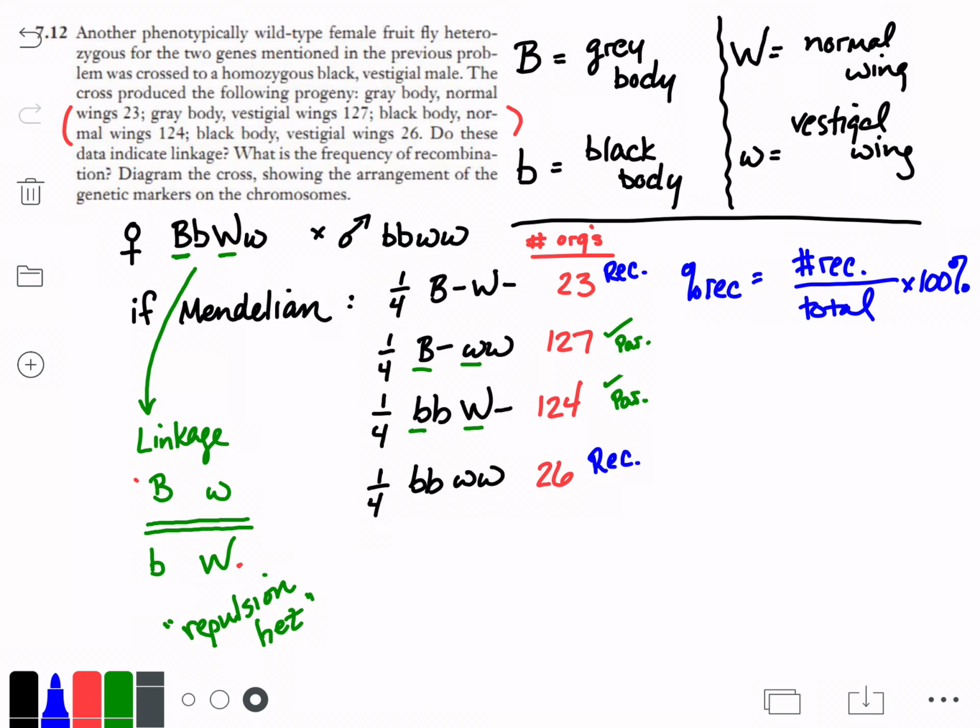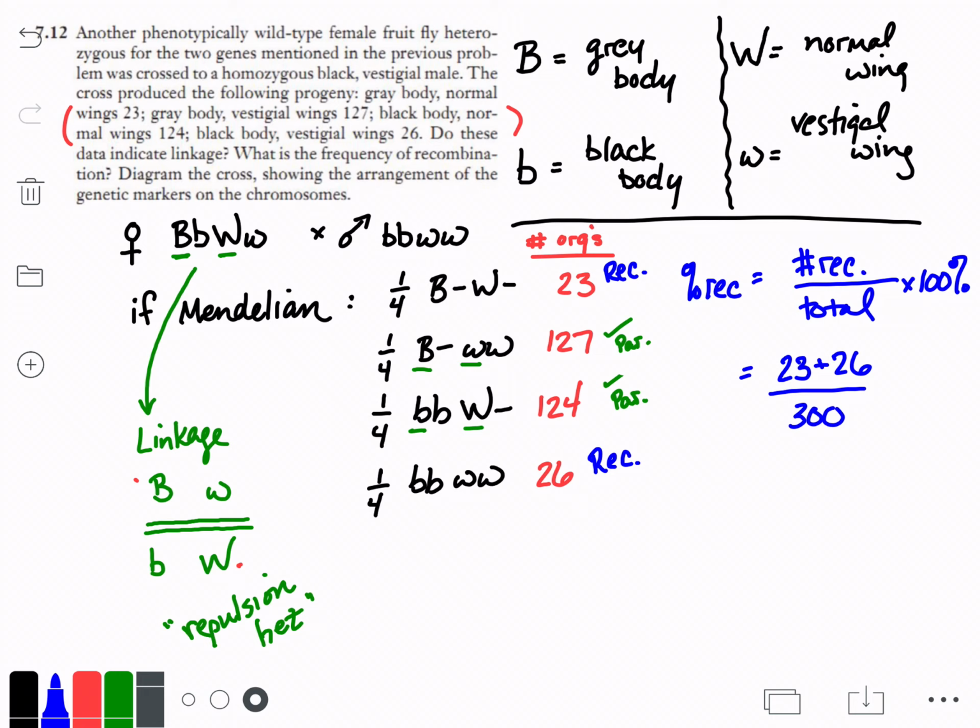And so those are what we want to add up over here: 23 in one class and 26 in the other class, divided by the total. In most of the problems in this book, the totals are nice numbers. So here, if we add up our 127, our 124, our 26, and 23, we get a total number of offspring counted of 300.